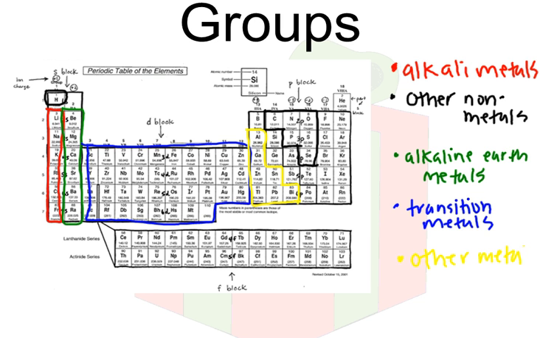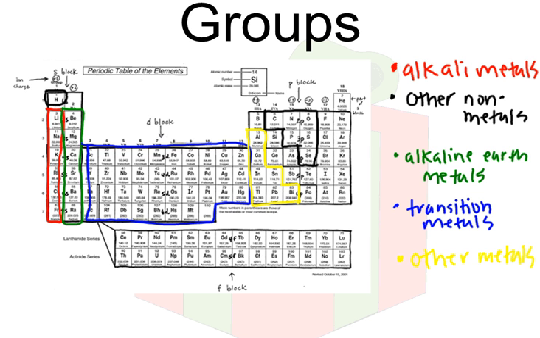I know that's hard to see in yellow, but I'll say it again. It's the other metals, because the ones between the other metals and the other nonmetals are known as your metalloids.